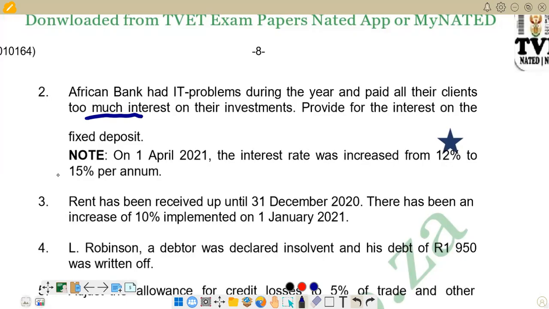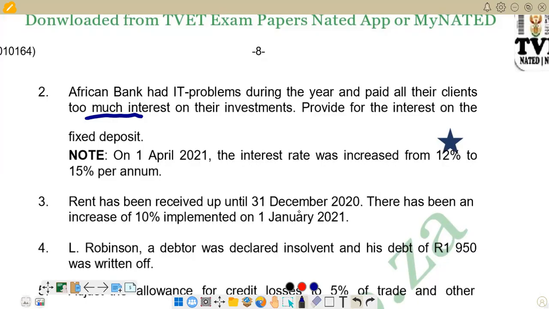Then we go to the next sentence saying provide for the interest on the fixed deposit. Then we have got the calculation of the interest, in which on 1 April 2021, the interest rate was increased from 12% to 15% per annum.